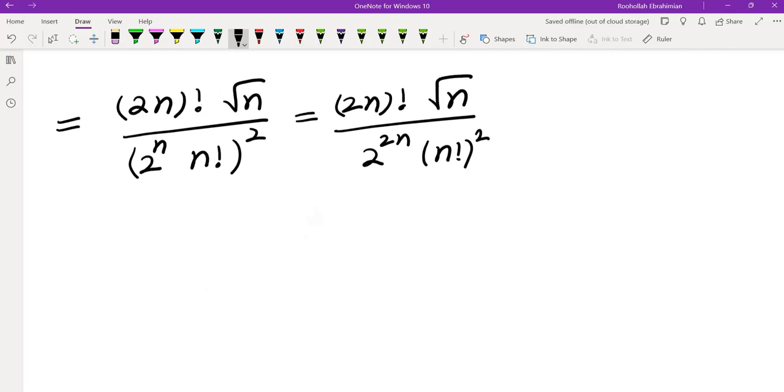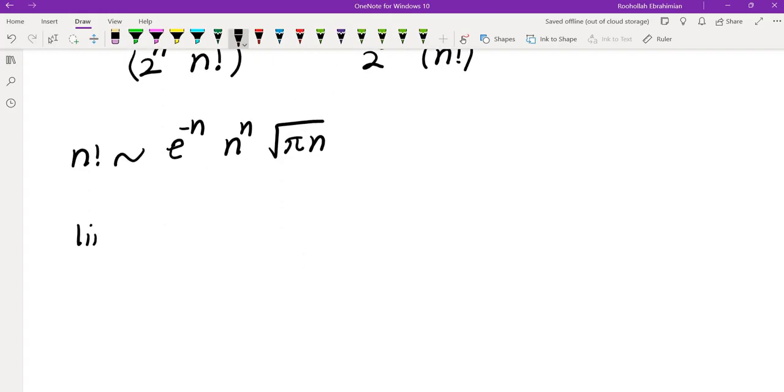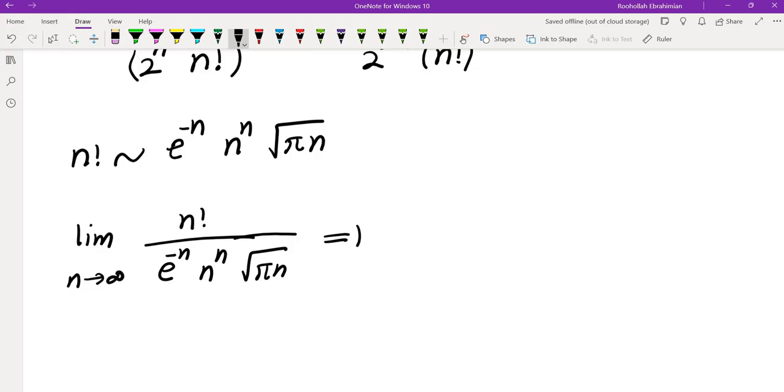Now we have a Stirling approximation. So what is the Stirling approximation? It tells us that n factorial is approximately e to the negative n, n to the n, times root pi n. What does that mean? It means the limit of n factorial over this quantity, e to the negative n, n to the n, root pi n, as n approaches infinity, is in fact equal to 1.